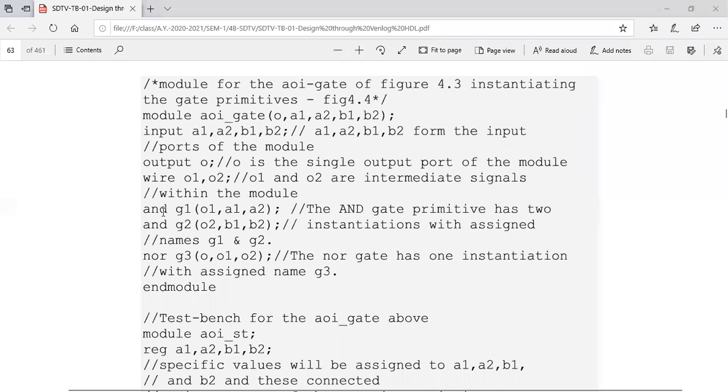Now you can see, I might have an AND gate with the name G1. That means I want to call an AND gate. Locally I am giving it a name, G1. So locally, what are my AND gate outputs and inputs?